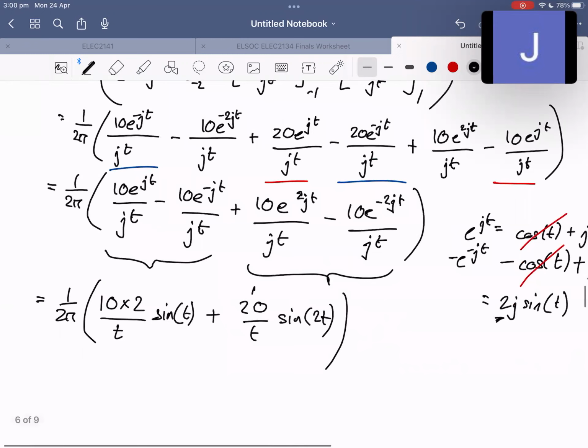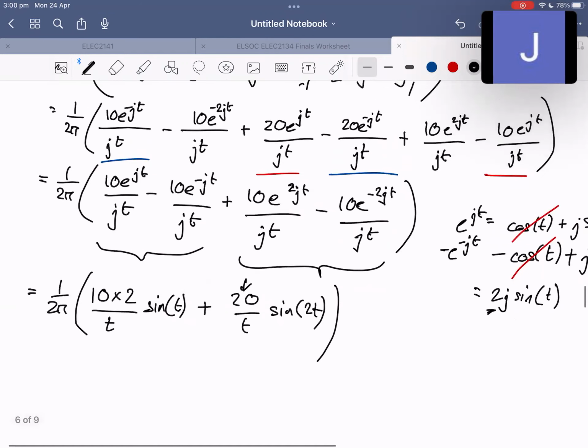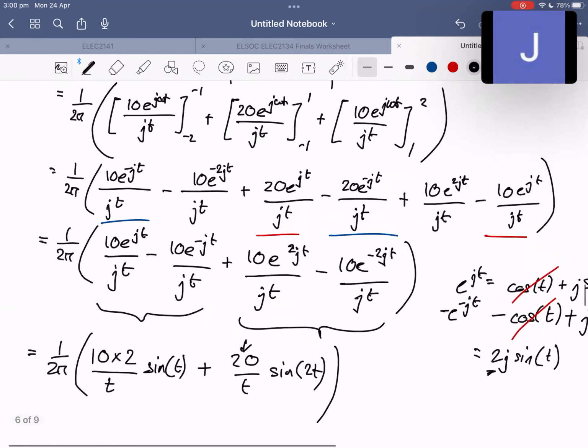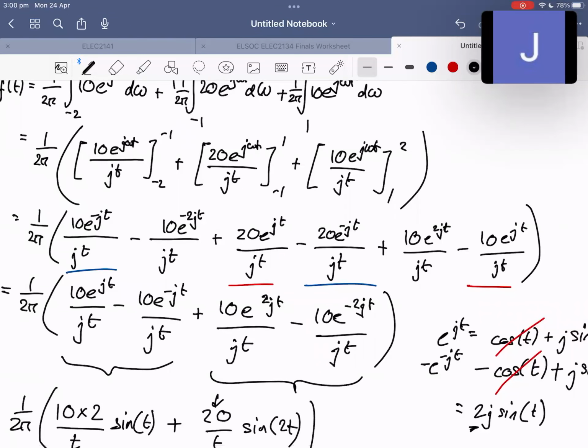I think there should be a 40. Just trying to see where I went wrong. 10 minus 10, 20 minus 20.